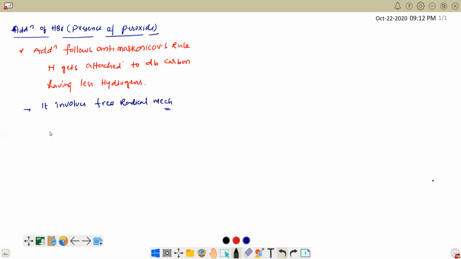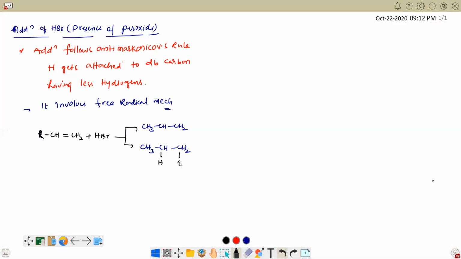See, do this example here. R alkyl group CH double bond CH2 plus HBr. So what are the products formed? Right, major and minor product. Here we have two possibilities: CH3CH with Br and CH2 with hydrogen.